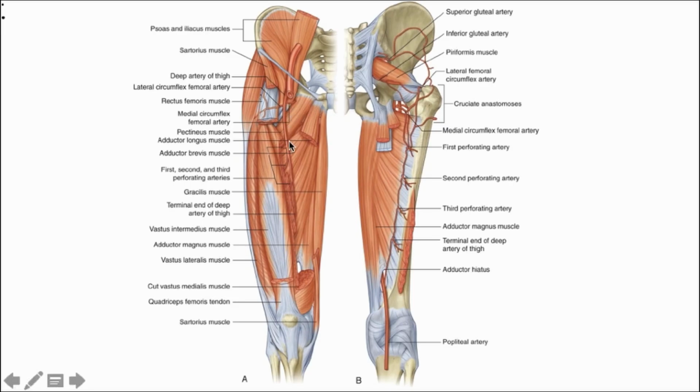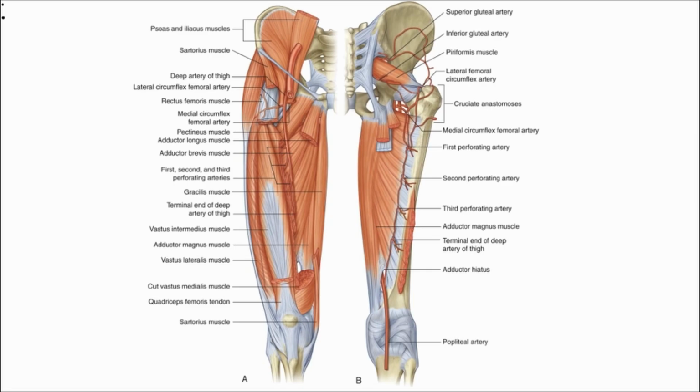And then as we travel down, we have the penetrating arteries, or perforating arteries, 1, 2, 3, right? It goes that way. It can get a lot more technical than what we're getting right now.